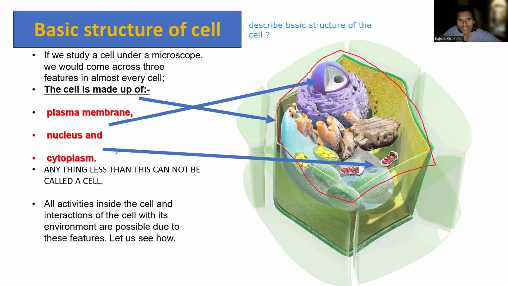Now, structure number 2, what we look at is the nucleus. Now, where is the nucleus? You can see the nucleus is here in the center of the cell somewhere. So that is the nucleus. And now there is empty space in between these two.